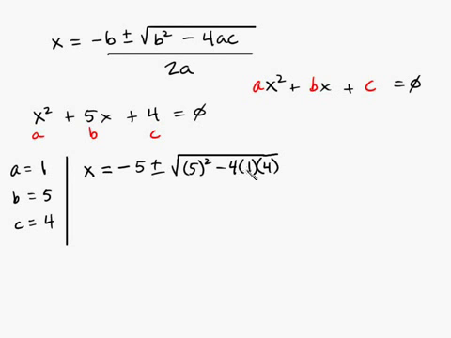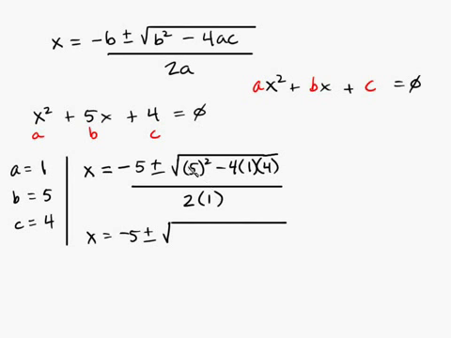Now I'm going to put it all over 2 times a, and in this case, a is equal to 1. Let's do this. We have x is equal to negative 5 plus or minus the square root of 25 minus 16, and this is all over 2.